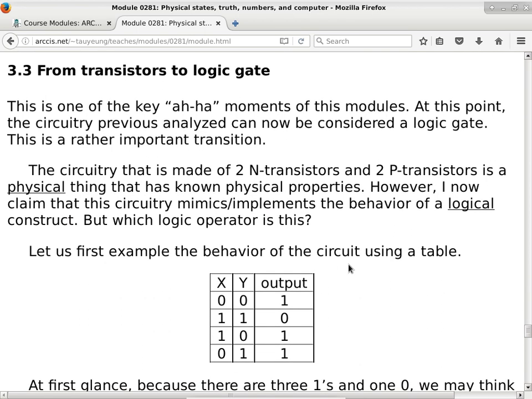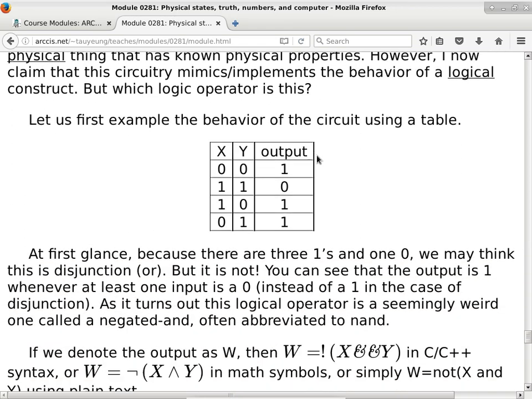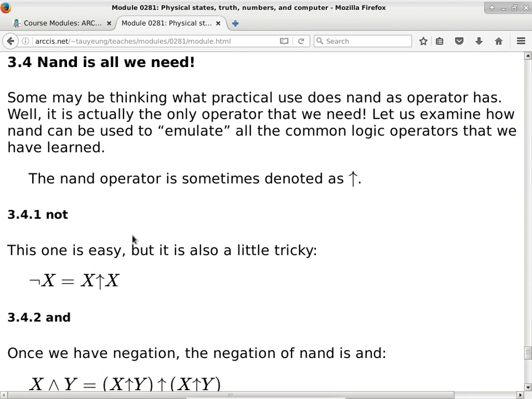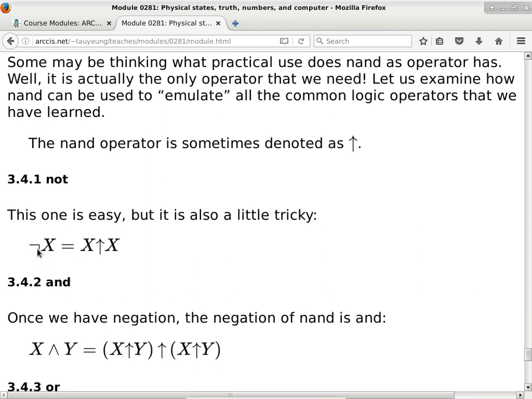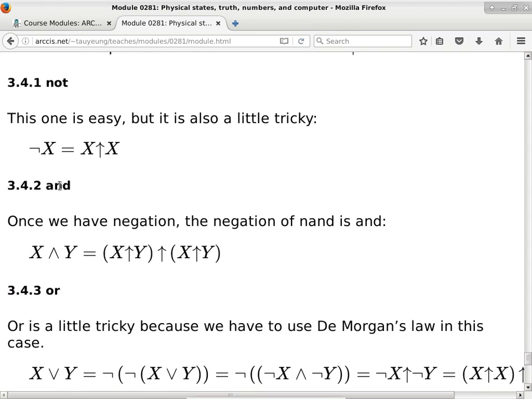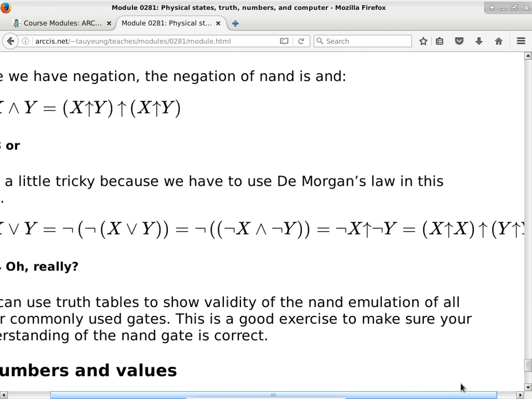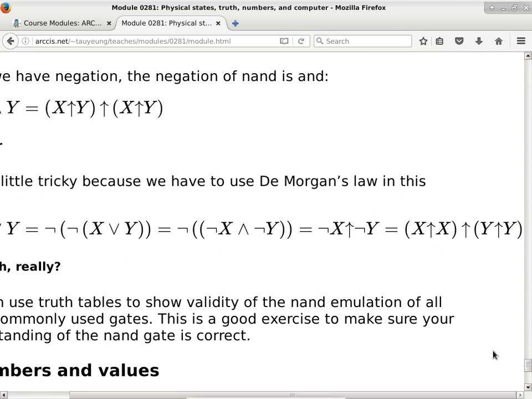We talked about this already, basically saying how we are going from transistors to logic gates, and what we have here is a NAND gate. We talked about how we can implement a NOT out of a NAND, an AND out of two NANDs, and an OR out of 3 NANDs. It takes a little bit of scrolling because it's a little bit long.